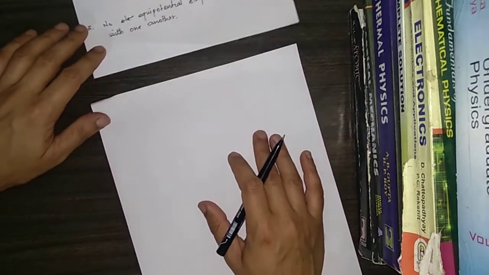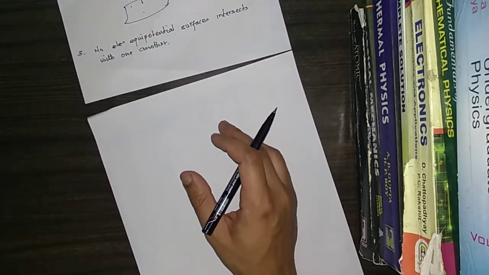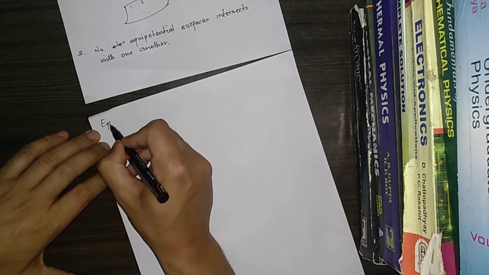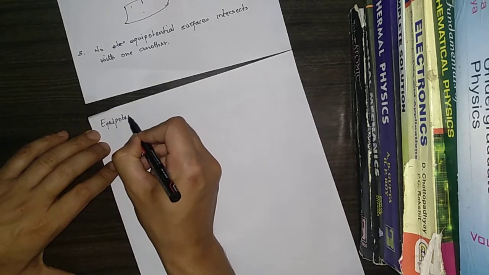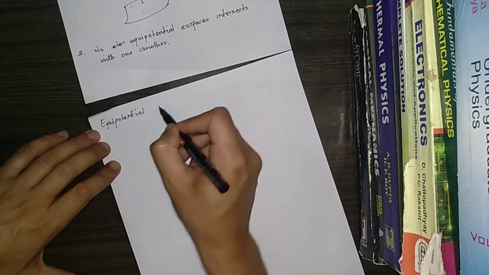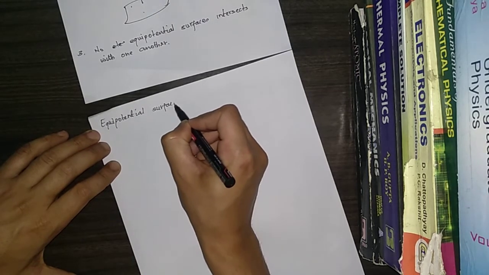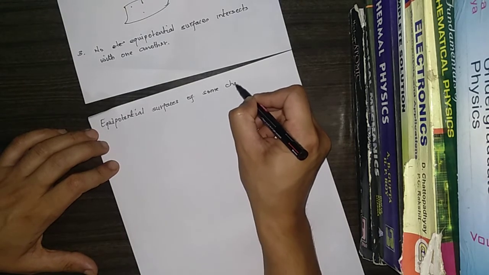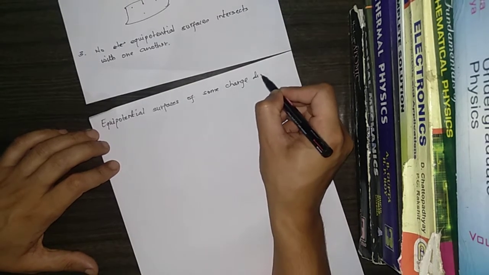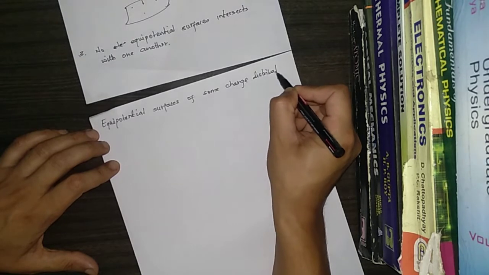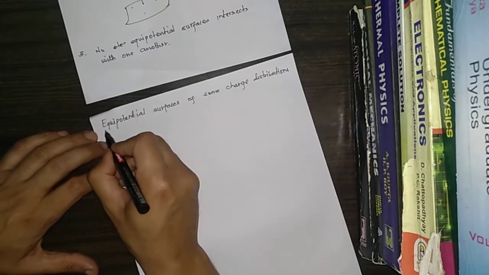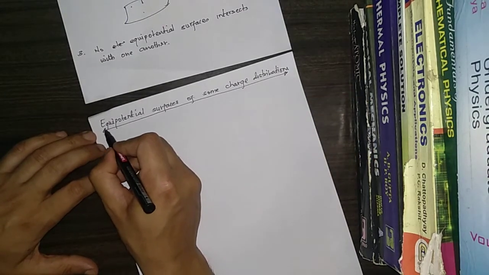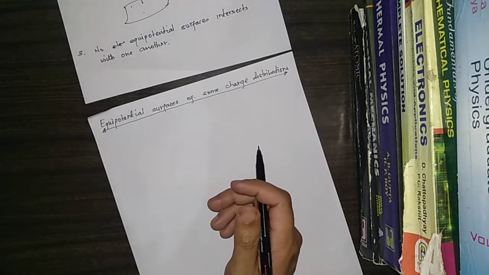Now we are going to draw the equipotential surfaces of some electric charge distributions. So the next discussion is equipotential surfaces of some electric charge distribution.